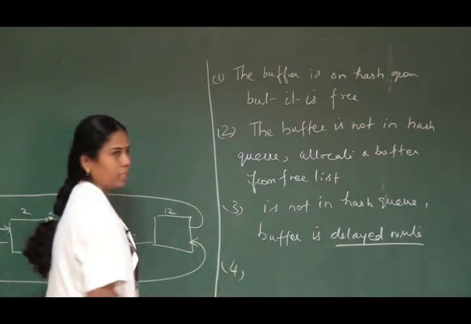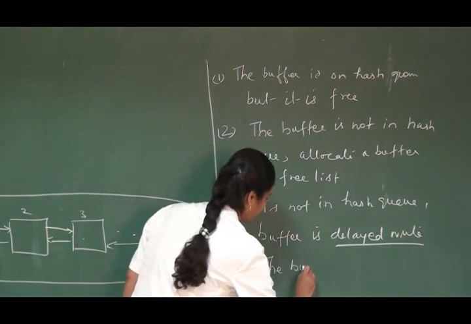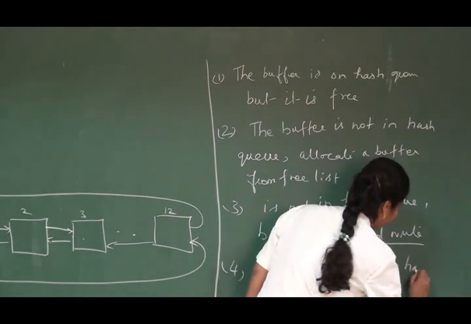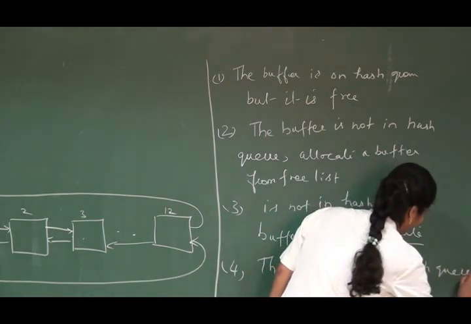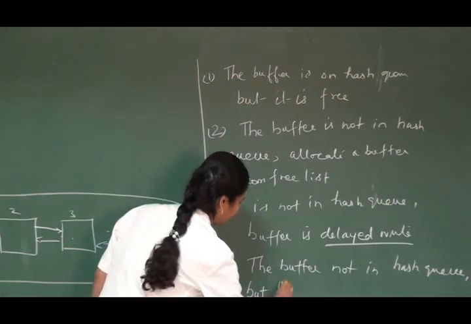Fourth scenario, the buffer is not in the hash queue, but the free list is empty.